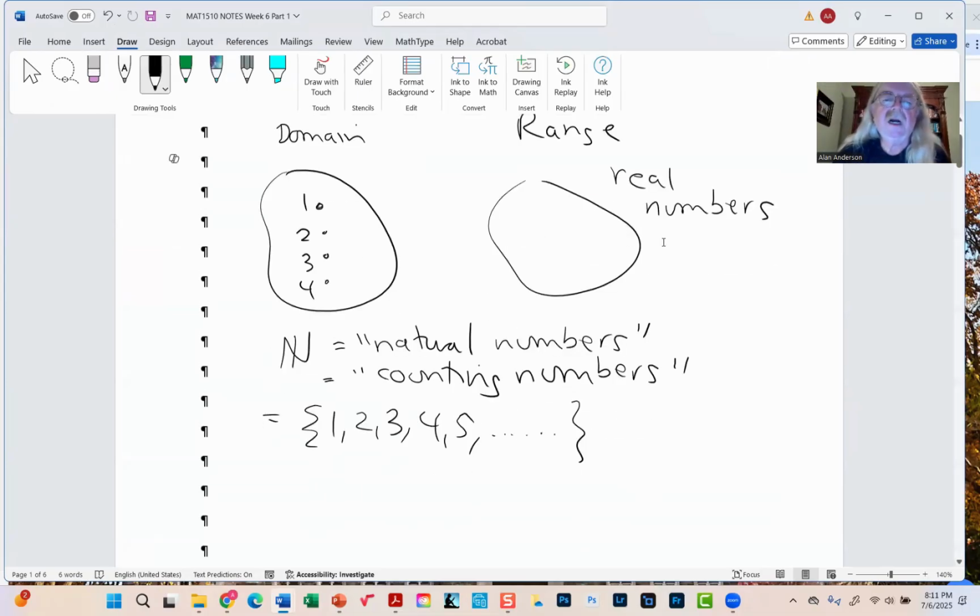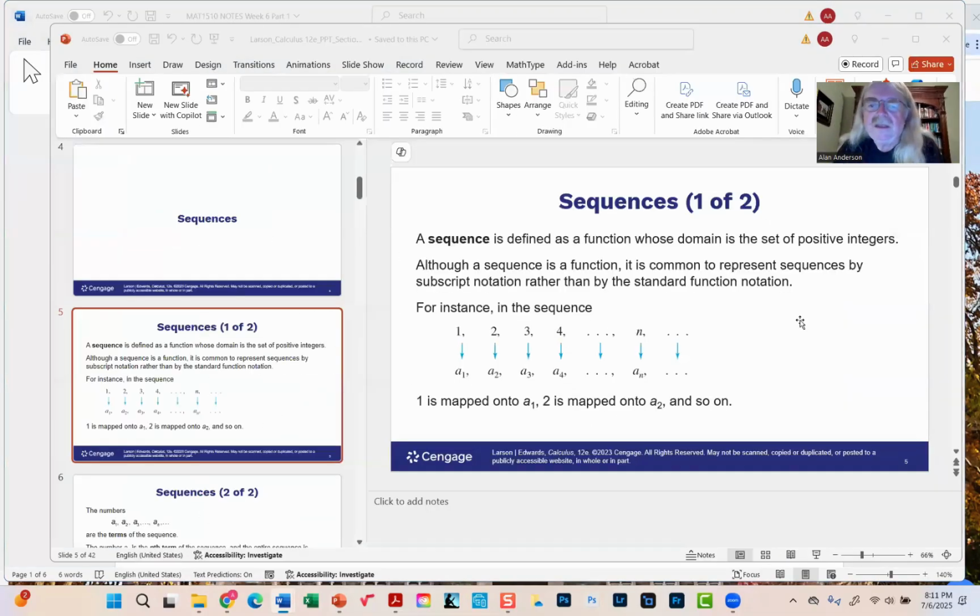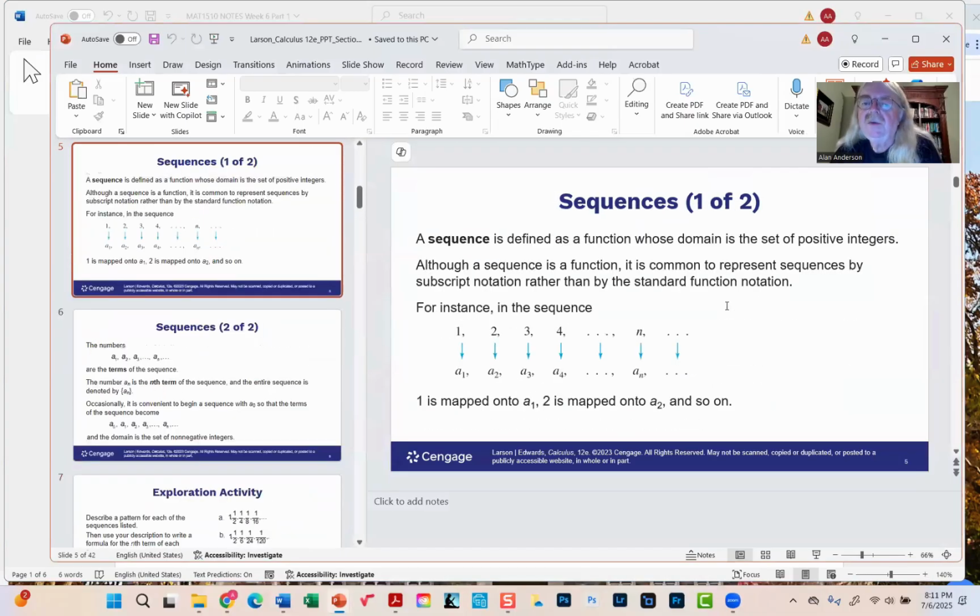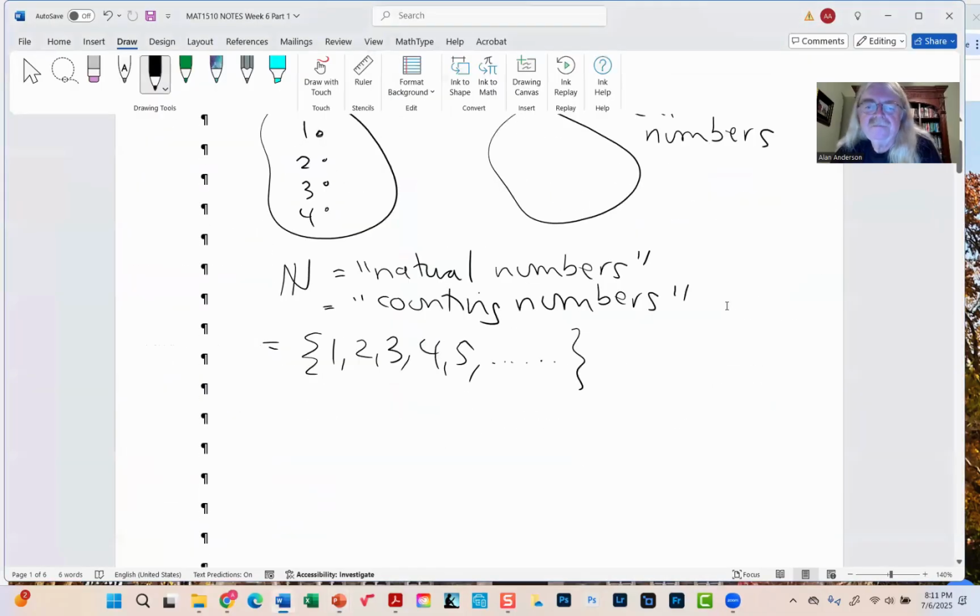Okay. Now, they make the point in the slides that in spite of the fact that a sequence is a function, it's not normally written that way. Usually what you have is a series of these terms.